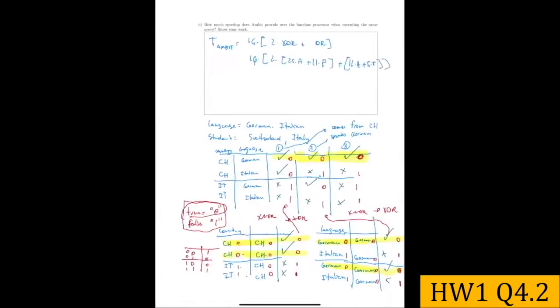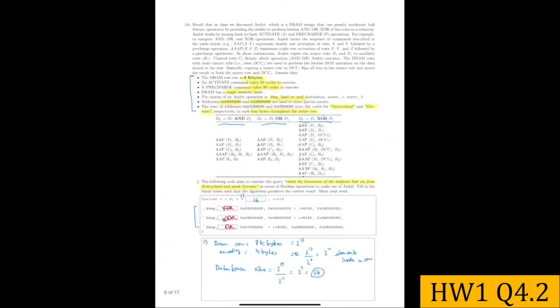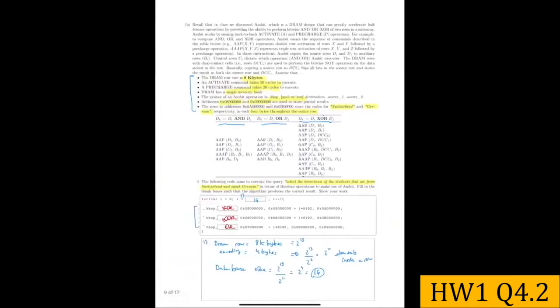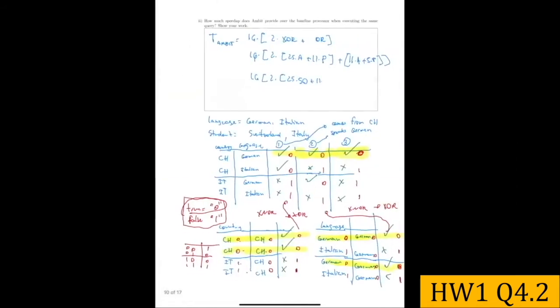So the time is going to be 16, 2 times 25. The time for A is equal to 50 cycles plus the time of a P is 20 cycles plus 50 times 11 plus 5 times 20.